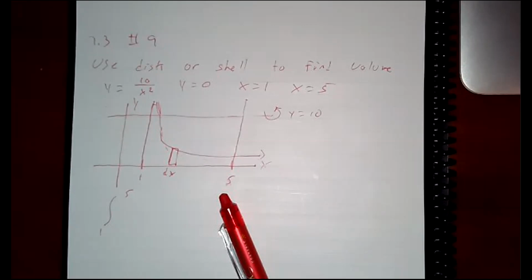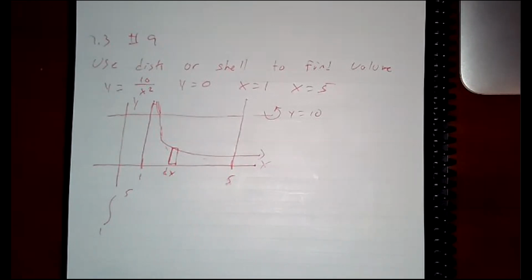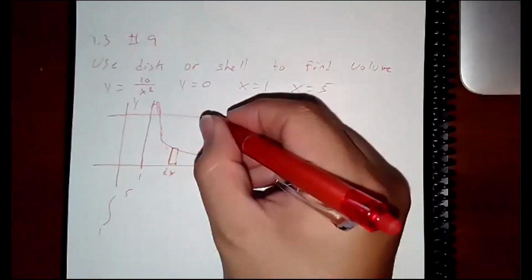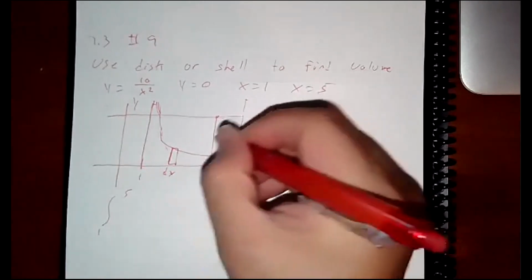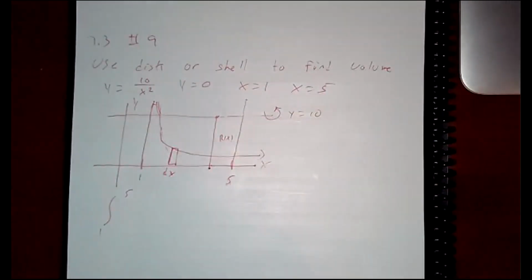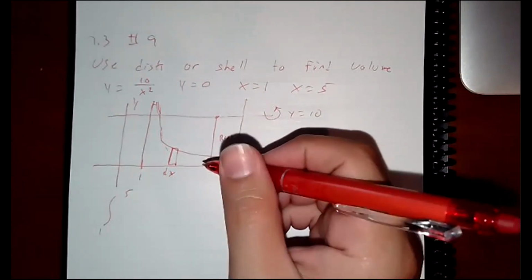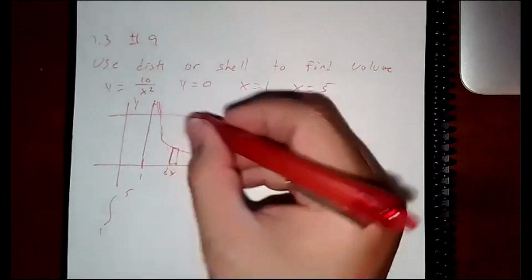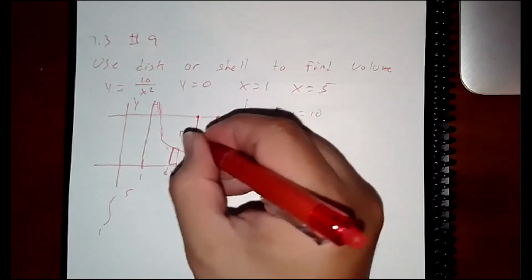Okay. So we do disk. The outer radius would be from here to there, big R of x. The inner radius would be from here to there, little r of x.